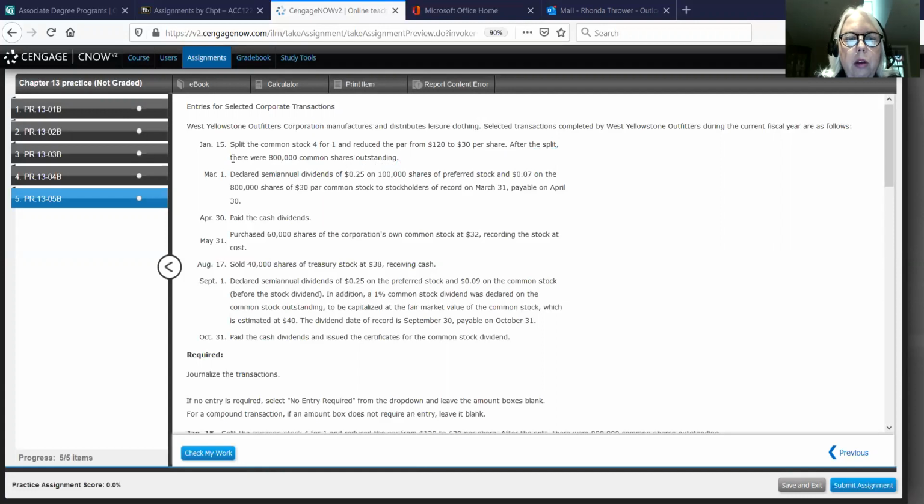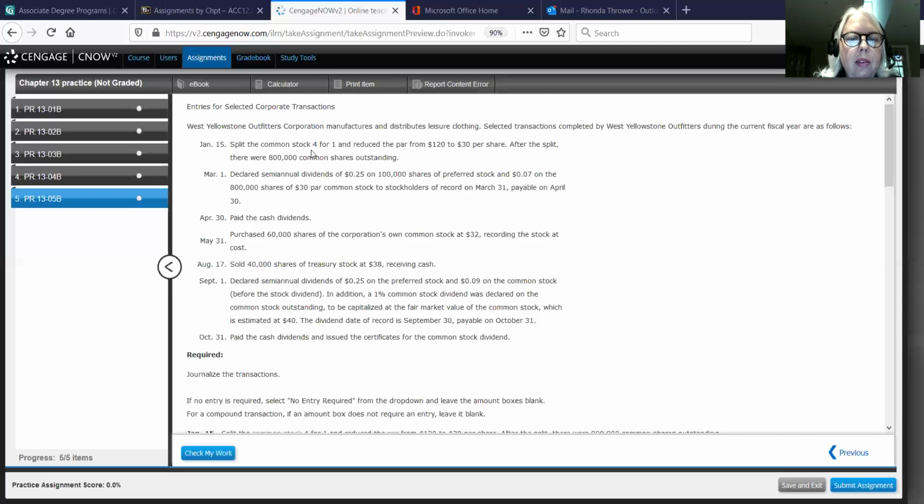Sometimes what a corporation will do, in order to get the market value of their stock to go down to where it can be affordable for more potential buyers, is split their stock. In this situation, they had 200,000 shares before the stock split.